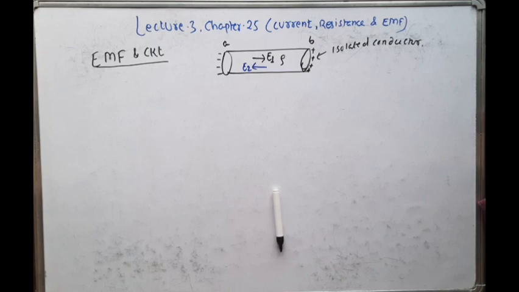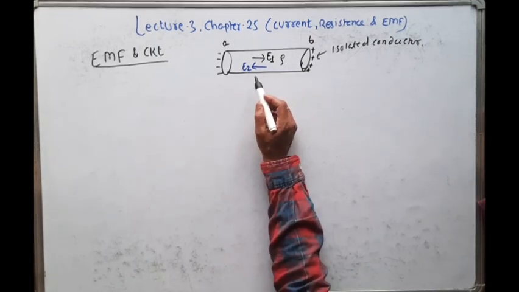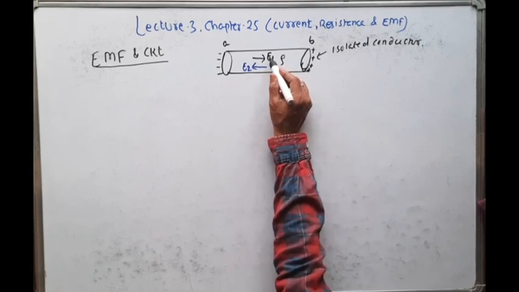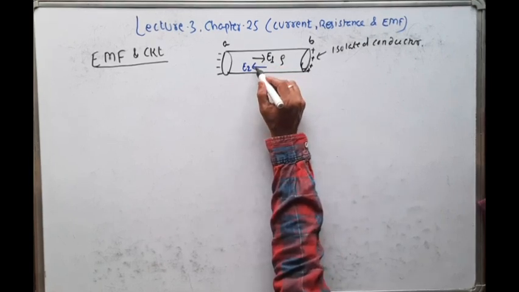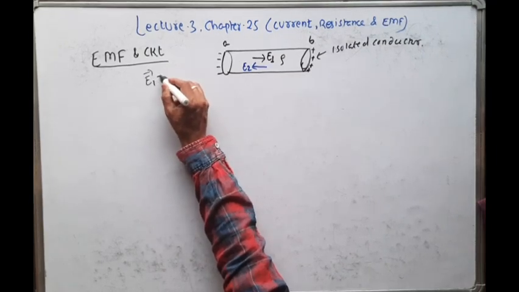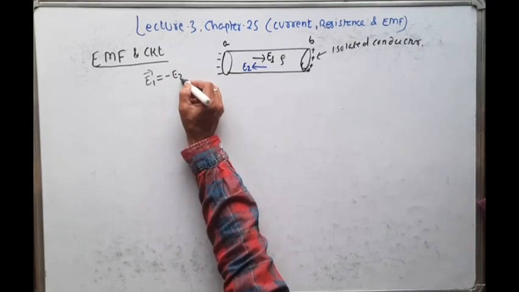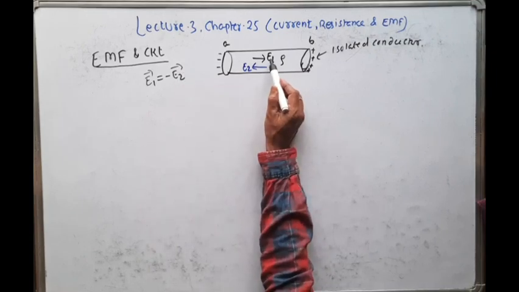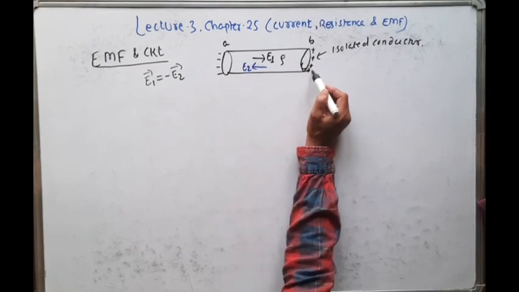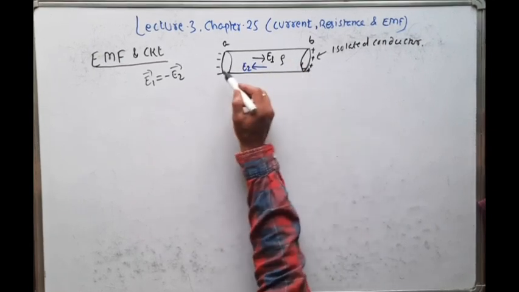After a very small fraction of second, E1 will be equal and opposite to E2, so E1 vector is equal to minus E2 vector. E1 is the external electric field, E2 is the electric field developed in the conductor due to accumulation of positive charge, negative charge at these two ends.